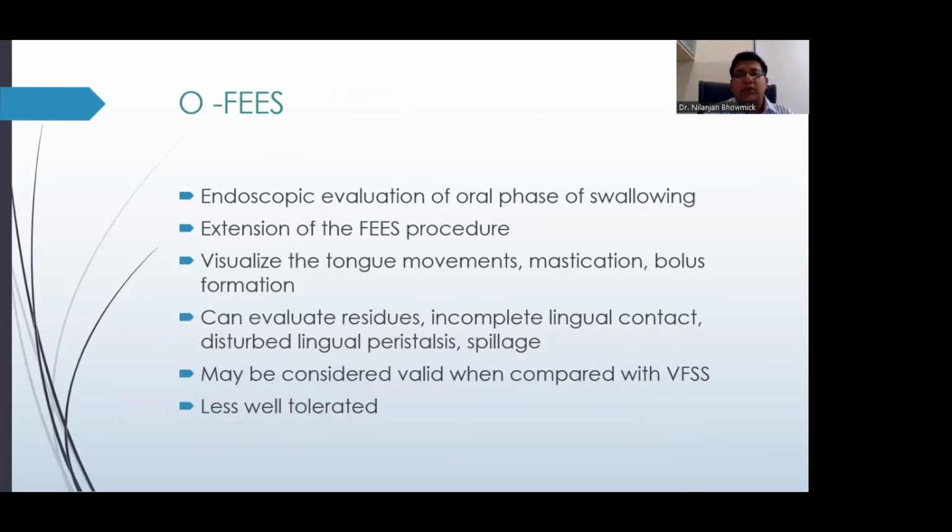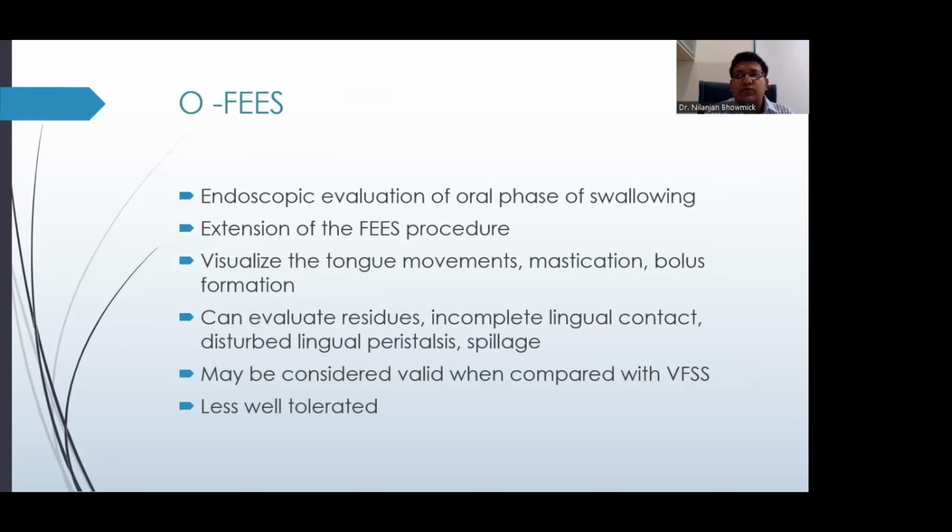And while a lot has been said about FEES, a little mention needs to be made about oral fiberoptic endoscopic evaluation of swallowing. While FEES is an excellent tool for oropharyngeal dysphagia, oral dysphagia or the oral phase of swallowing cannot be very well evaluated on endoscopy.